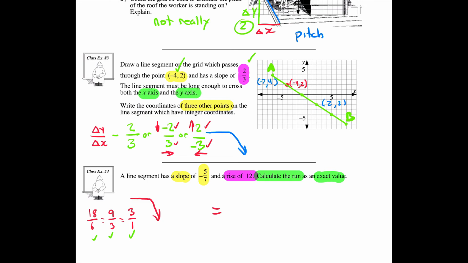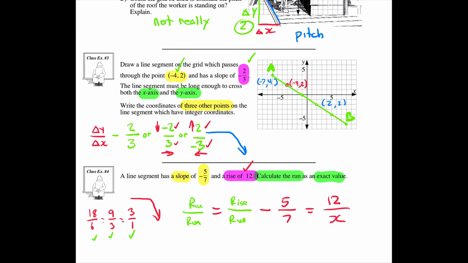So if I've got a negative 5 over 7, remember what we're dealing with here is the rise over the run is going to be equal to another rise over run. So if we look at what we got here, it says that the rise is 12. So that would be on the top. And then it says, what is the run? Now we know that this is a negative 5 over 7.